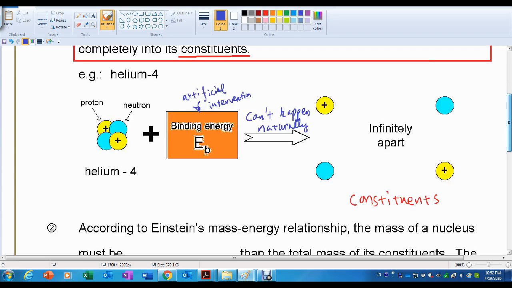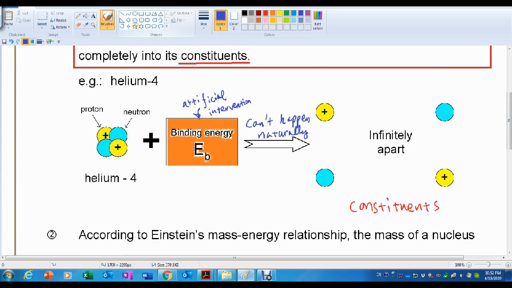But how about if you go the other direction? For this direction, you need to give the nucleus binding energy to separate apart. So for those being separated, when they join together to form the helium nucleus, this process will release energy.